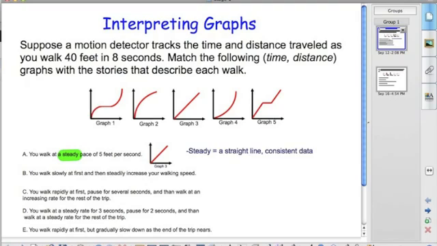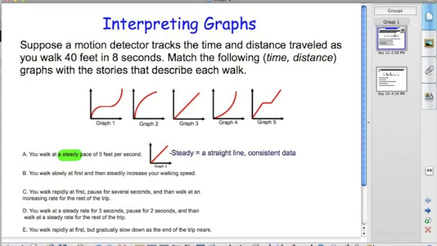So then our next statement, statement B, says you walk slowly at first and then increase your walking speed. So as you start out with the graph, the line of the graph should be low to the x-axis. Low to the x-axis means not a lot of distance is passing as time is passing.